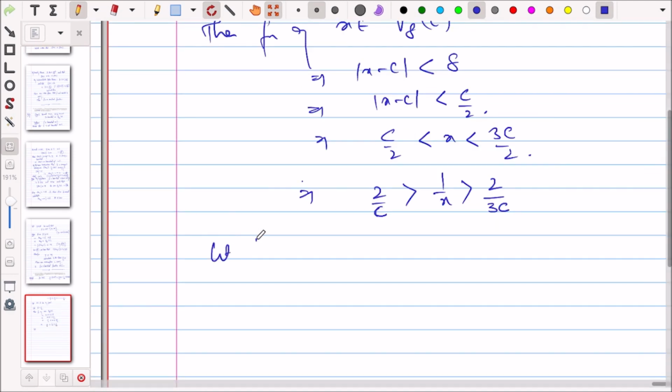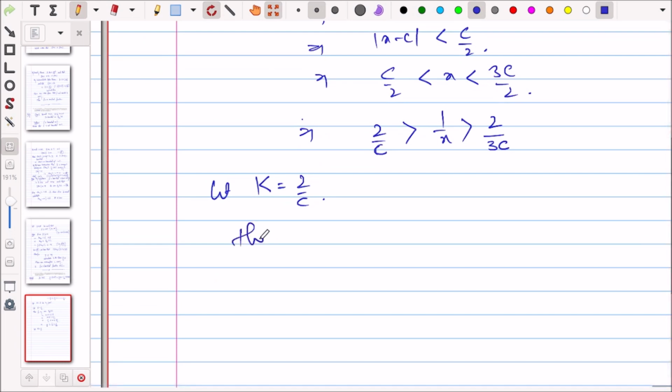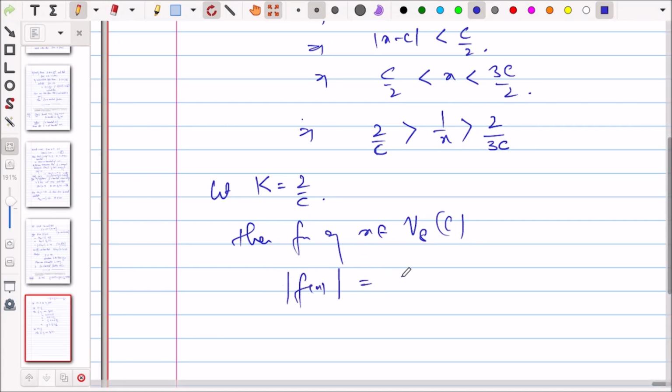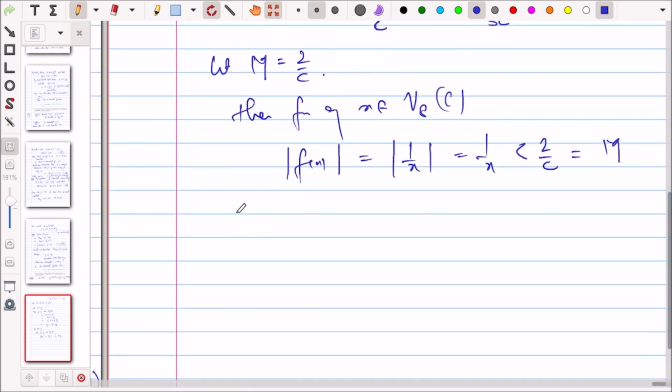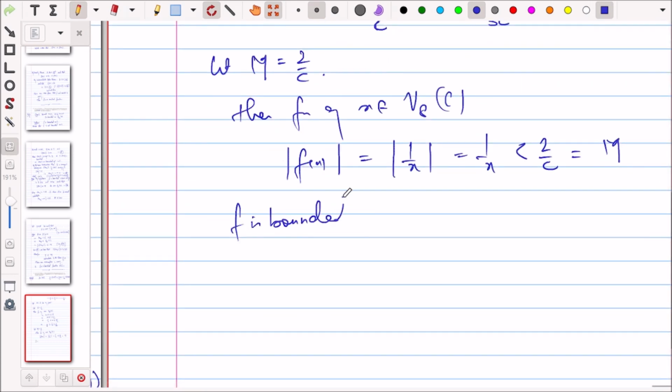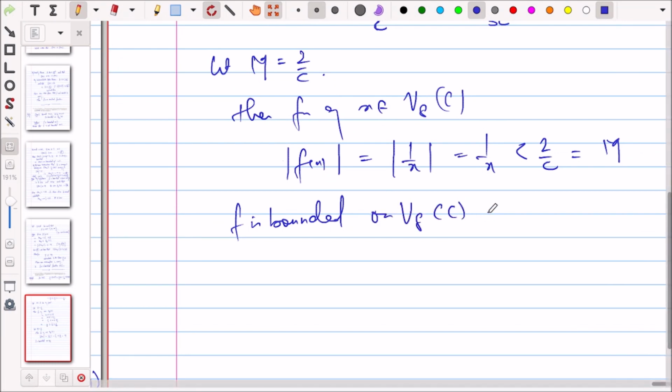So let k equal to 2 by C. Then for any x belonging to V_delta(C), g(x) is equal to 1 by x, which is less than 2 by C, which is equal to m. So that implies g is bounded on V_delta(C).